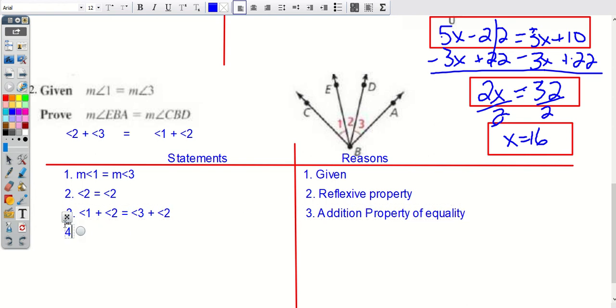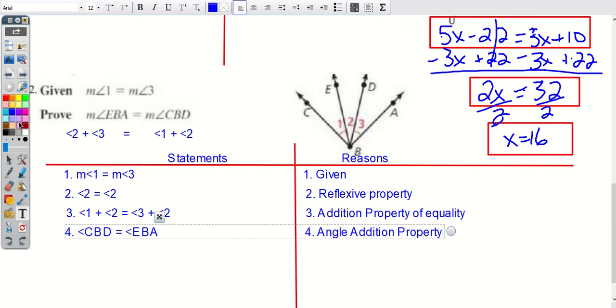And then we're going to swap out 1 plus 2 for angle CBD, and we're going to swap out 2 plus 3 for angle EBA. And that's our proof statement. So we are good to go. And this is the angle addition property.